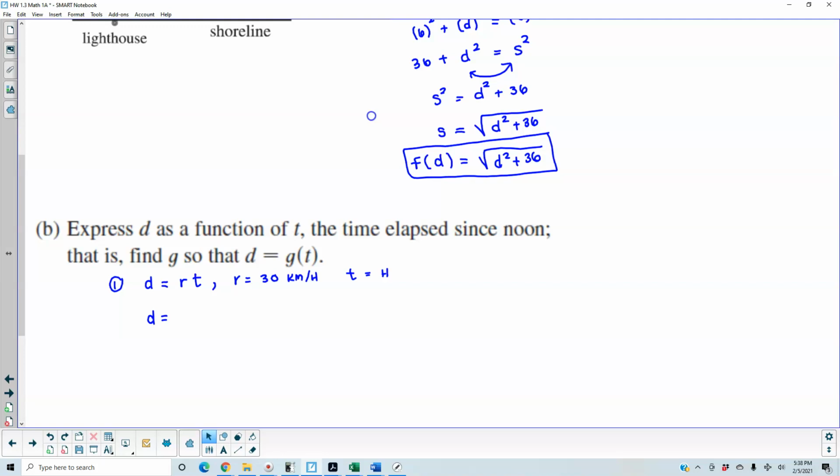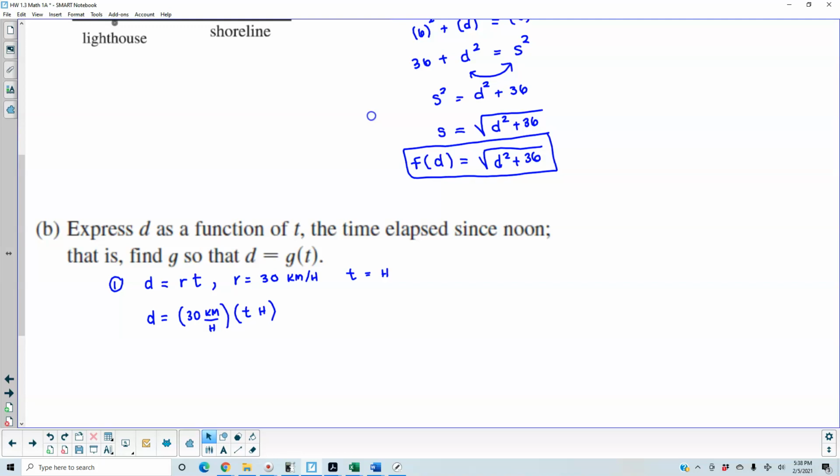So we know that the rate is 30 kilometers per hour, and we're multiplying that by t hours. So what does that mean?